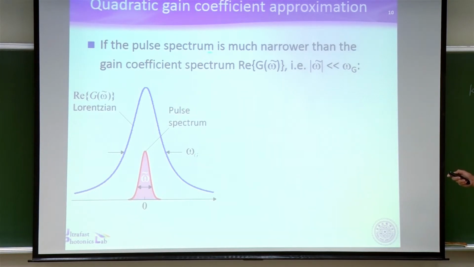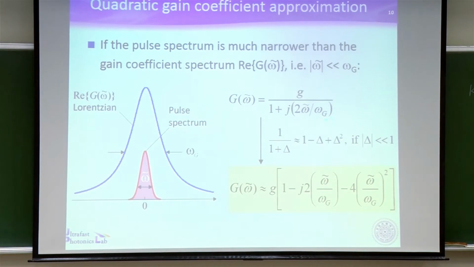If your spectrum is much narrower than the gain coefficient spectrum, which is the real part of big G, shown as the blue curve here, of course this is much narrower than omega G, then you can further simplify the complex Lorentzian model. This is the original complex Lorentzian.